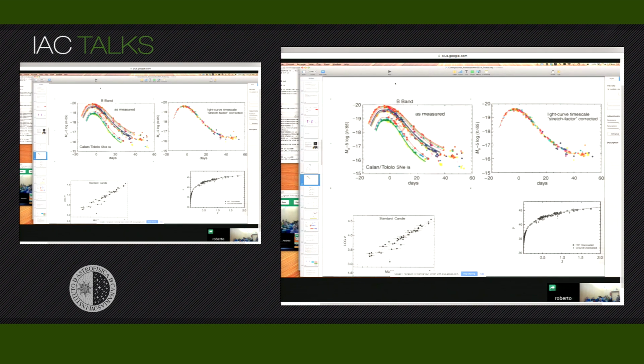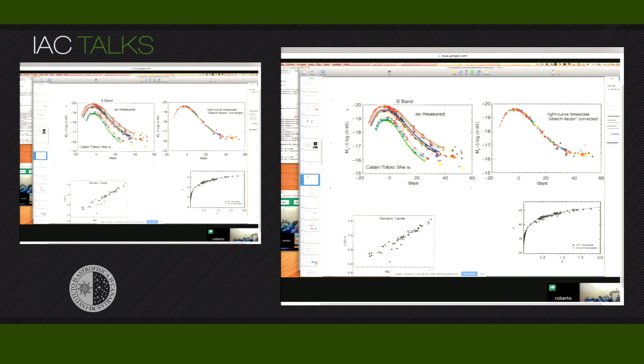That's a band centered around 436 nanometers for the astronomers in the room. Here's time again, normalized, so that 0 is the traditional B band max, the maximum luminosity of the object. And this is absolute B band magnitude.